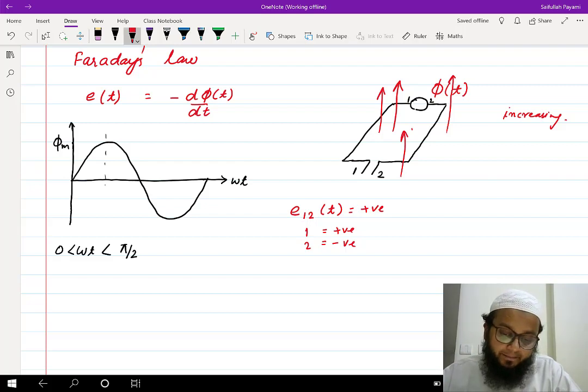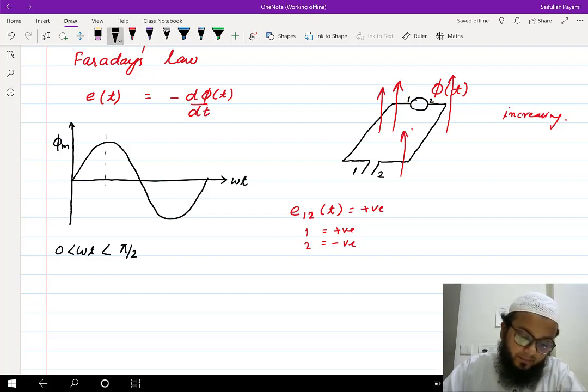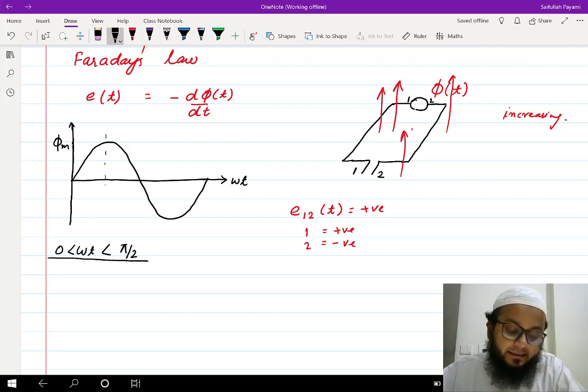So let's see what will happen during this time when omega t is greater than 0 and less than pi by 2. In this time, this flux phi t is positive, d phi by dt is positive from 0 to pi by 2.